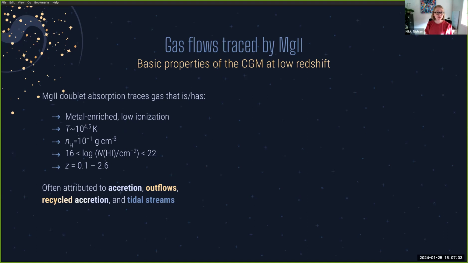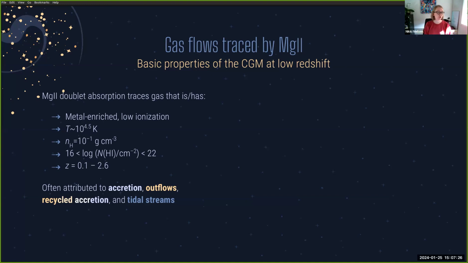So magnesium-2 traces gas that is metal enriched and low ionization. So this is the cool CGM. It has a temperature of about 10^4.5 Kelvin. It traces a wide range of H1 column densities. So quite a lot of different environments are traced by this absorption line. And it's very easily observed from the ground in optical wavelengths.